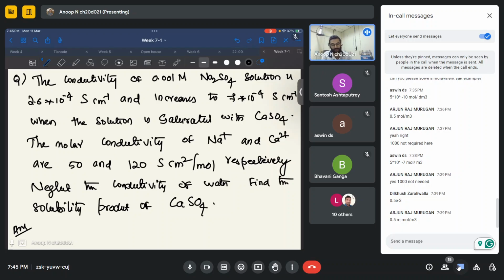So can we solve that? Let's just start this. This is a little conceptual. Anyone got the answer? What's given? The conductivity of Na2SO4 is given, L of Na2SO4, which is equal to 2.6 into 10 raised to minus 4 Siemens centimeter raised to minus 1.